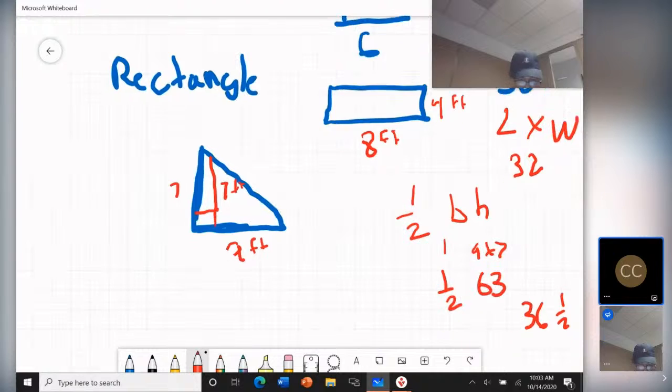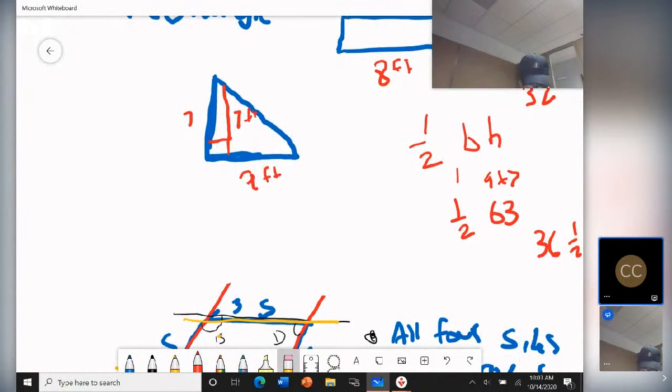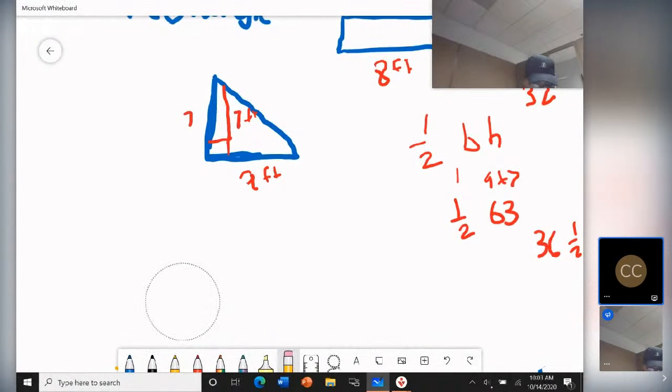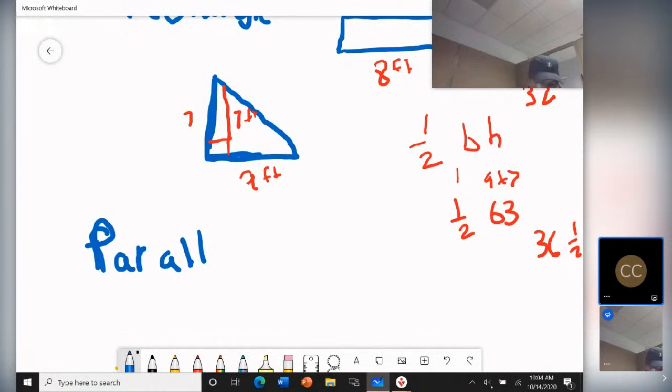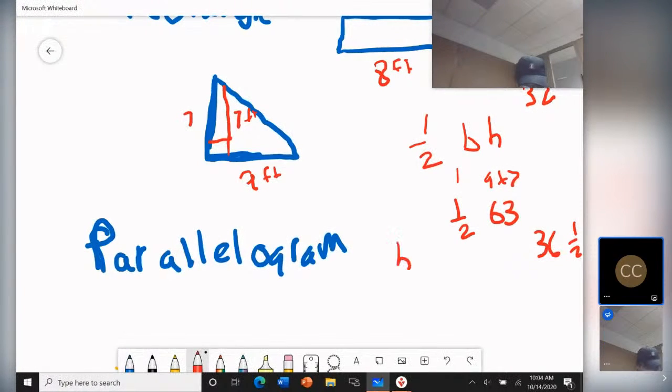Parallelogram is next. So for parallelogram, the formula is base times height.